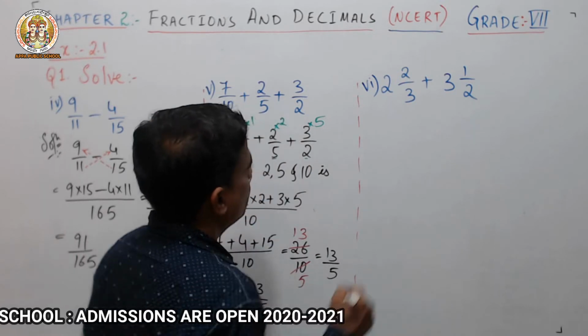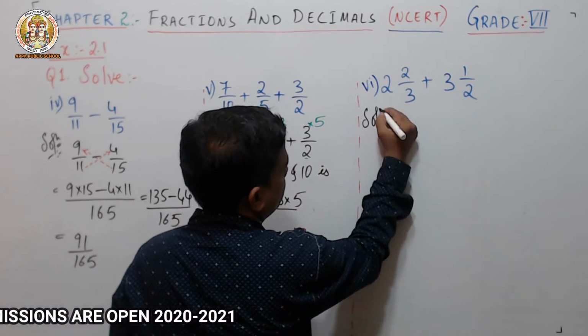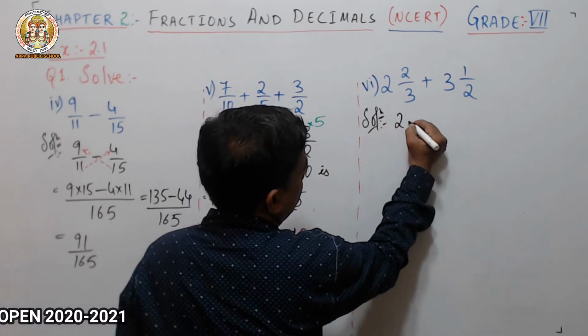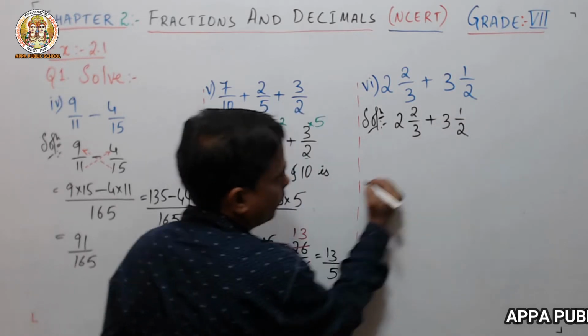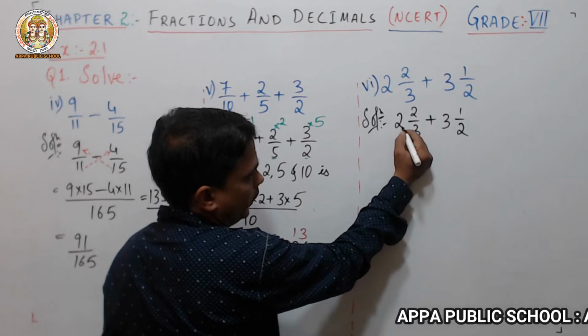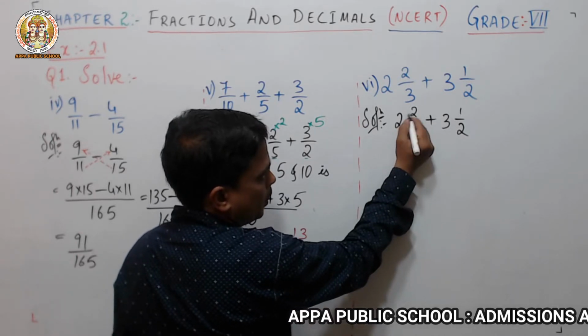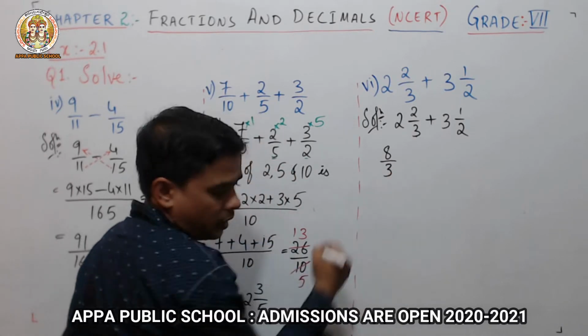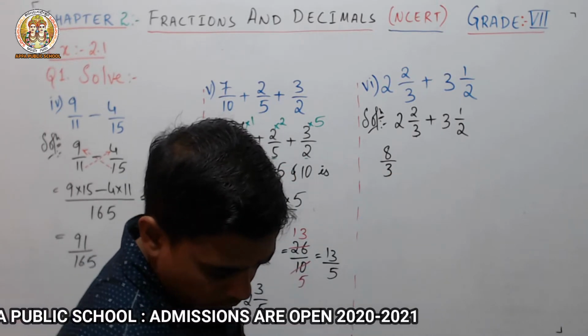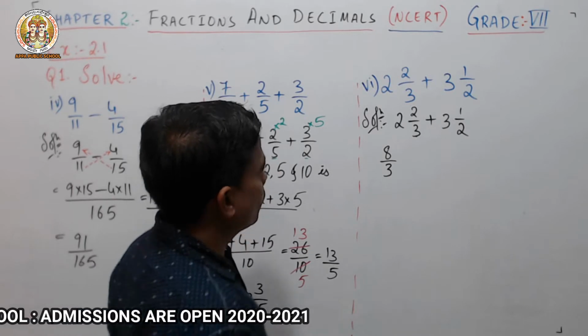So here, solution. 2 integer 2 by 3 as it is plus 3 integer 1 by 2. That is equal to, 3 2s are 6 plus 2, that is 8, divided by 3. Yesterday, in the previous class, I said how to convert this.